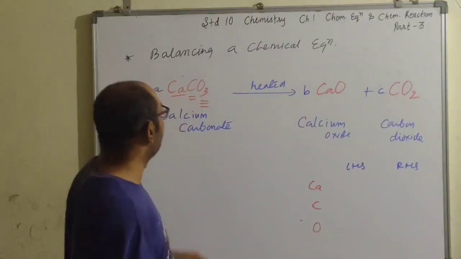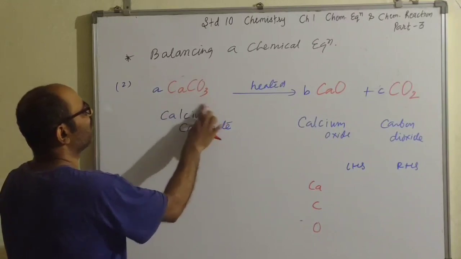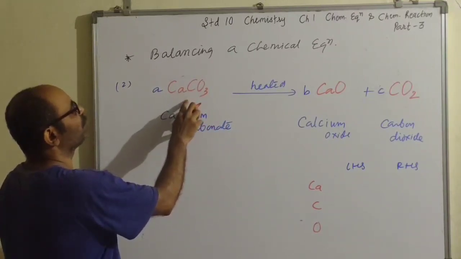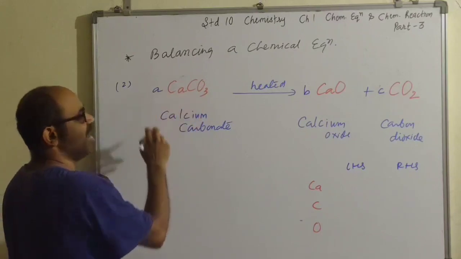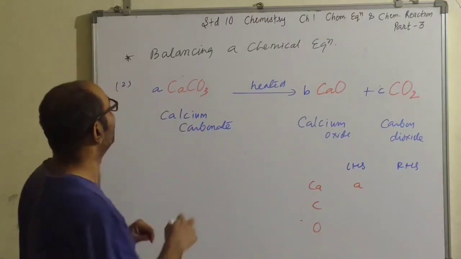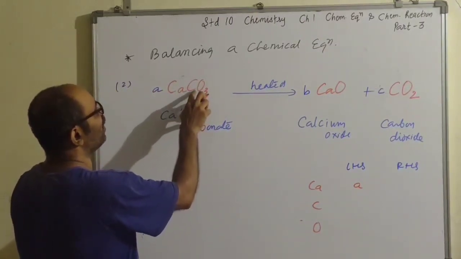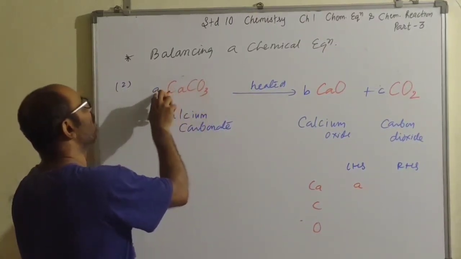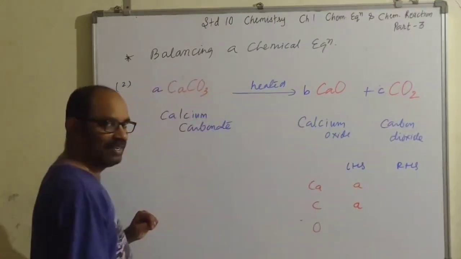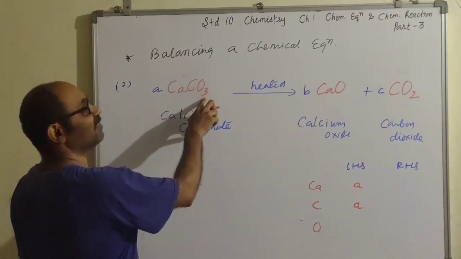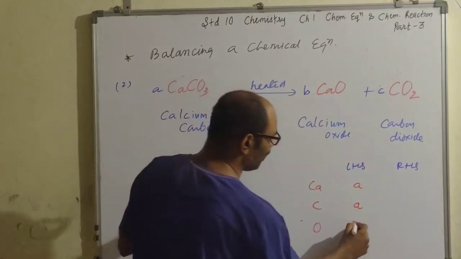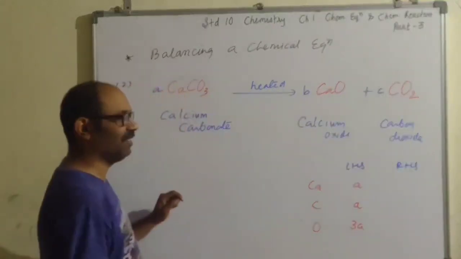Now left hand side, let's check the number of calcium atoms. After calcium there is no subscript, so 1 into A. So A atoms of calcium on the left hand side. Carbon has no subscript, so 1 into A, A atoms of carbon. Oxygen has subscript 3 into A, so 3A atoms of oxygen on the left hand side.